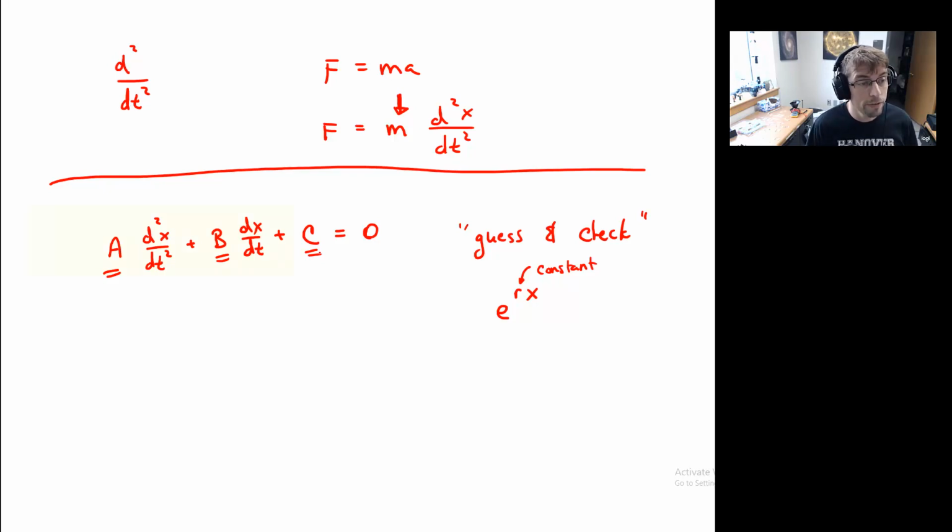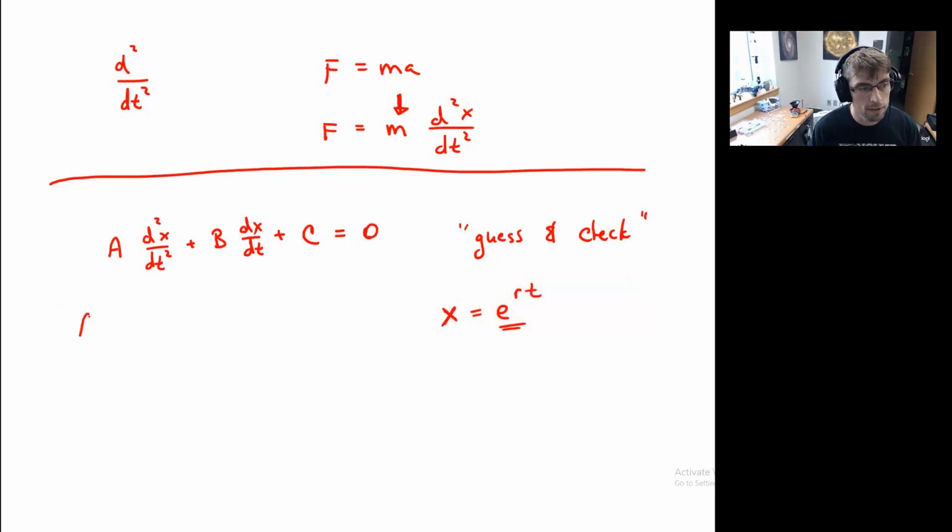If we have this differential equation, the second order differential equation with constant coefficients, and we guess that our solution is of this form. Excuse me. Let's get rid of this. I should say e to the rt. So we assume that x is of the form e to the rt. Let's go ahead and put that in.